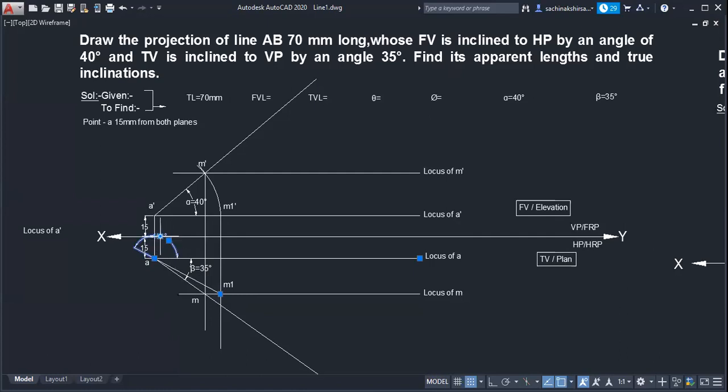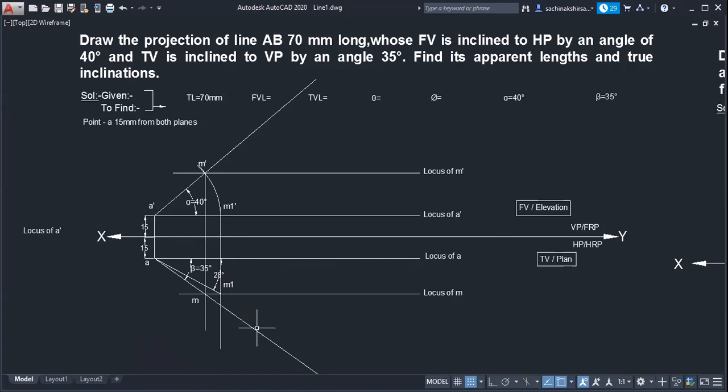So it is exactly 28. If it were 29 or 27, okay, one degree plus or minus. So it is coming 28. So this I will delete. Now what can we do?